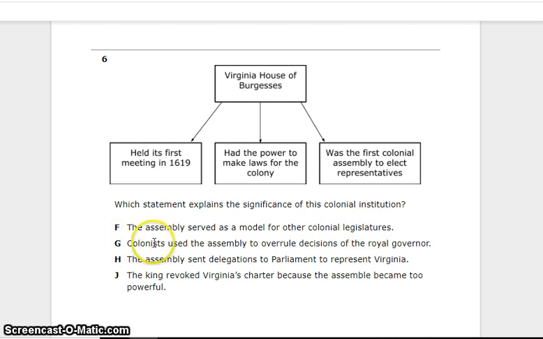G. Colonists used the assembly to overrule decisions of the royal governor. H. The assembly sent delegations to Parliament to represent Virginia. J. The king revoked Virginia's charter because the assembly became too powerful.